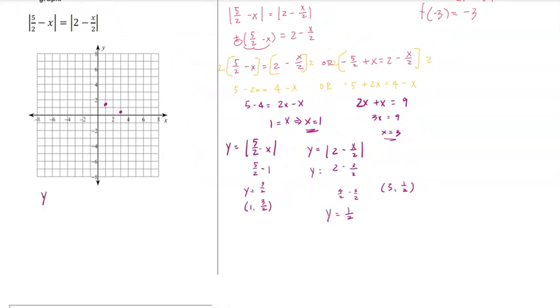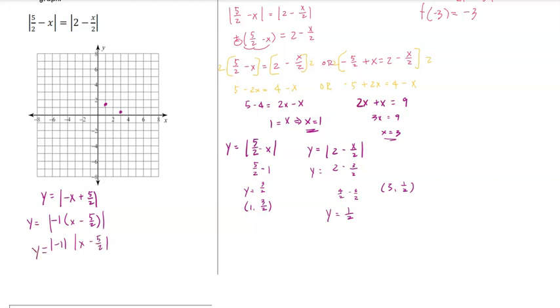So I'm going to take the first one, y equals the absolute value. I'm going to put it in this form right here. It helps me see things. And then I'm going to take that negative 1 out and make it an absolute value. I could just factor it out. Let me go ahead and include the steps. If I factor out a negative 1, it becomes x minus 5 over 2, absolute value of negative 1, and then x minus 5/2.